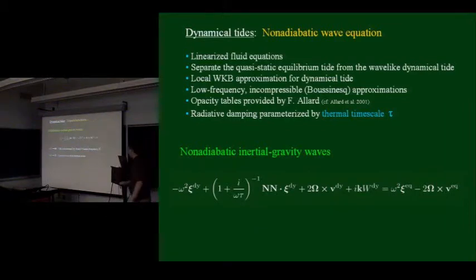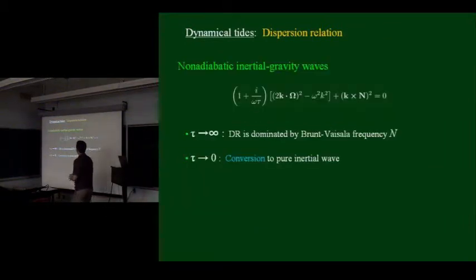And from this, you find a dispersion relation. What I want to point out here is that, again, in the dispersion relation, here's the Coriolis part, here's the gravity wave part, here's the dissipative part.